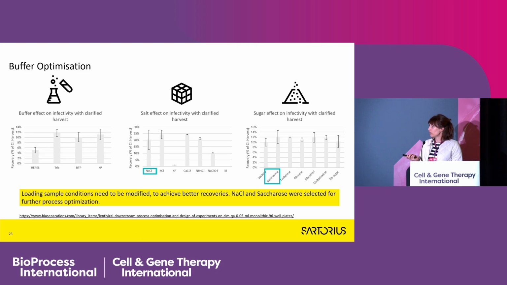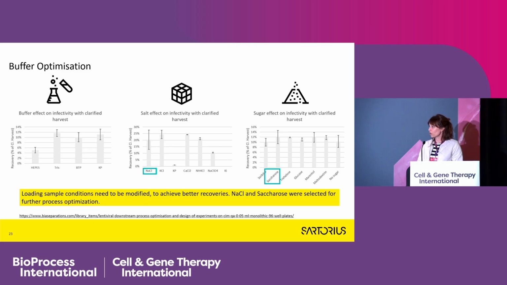Then we also screened for sugar addition into the buffers, but all the tested sugars performed more or less similarly. We decided to move further with saccharose, again a well-known component, and you will see later what we noticed.